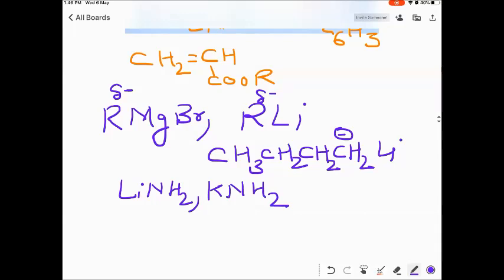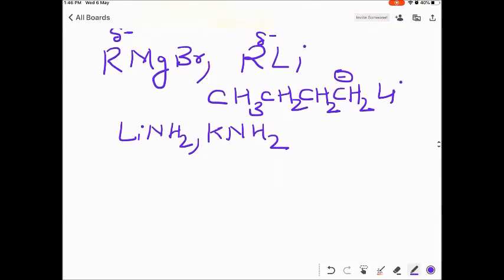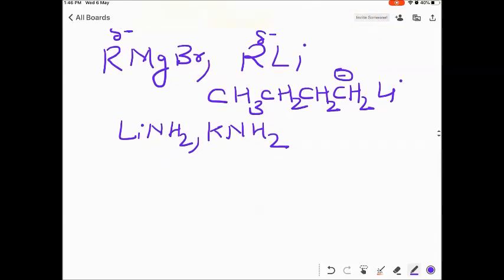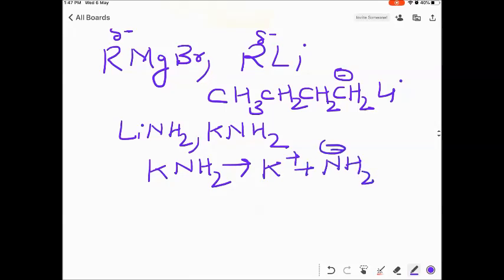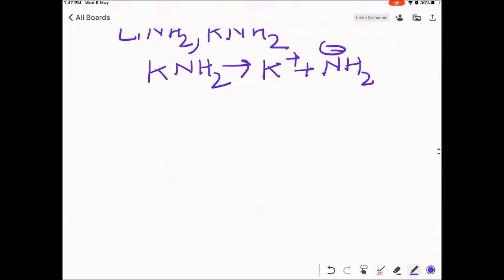Now let us take the case of potassium amide. If we use potassium amide, it will generate potassium ion plus amide ion, and this NH2 negative or amide ion can attack the ethene molecule or some derivative.